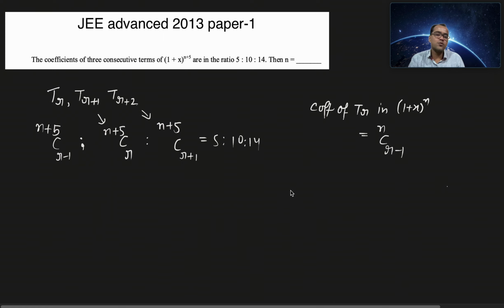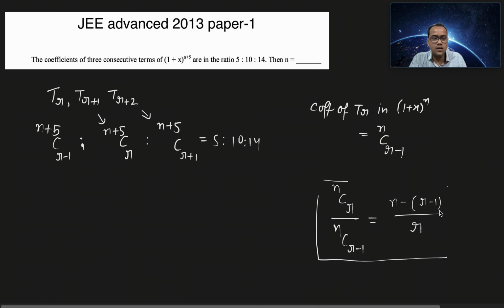So before proceeding to the problem, let me note down one formula of binomial coefficient, that is nCr upon nC(r-1). This is equal to (n - r + 1) upon r. इस फॉर्मूले को कैसे समझना है, आपको ध्यान रखना पड़ेगा कि ये जो भी दो बाइनोमियल कोएफिशिएंट्स रेशियो में लिखें, इनके लोअर सफिक्स में 1 का डिफरेंस है.